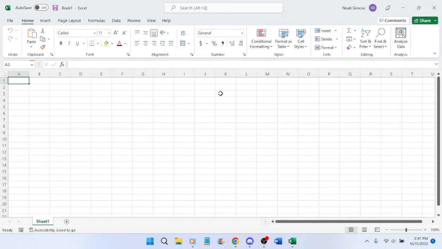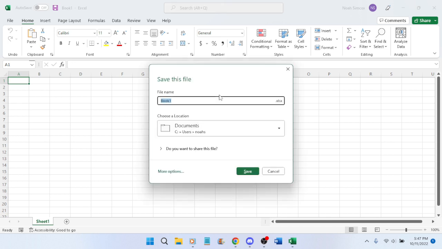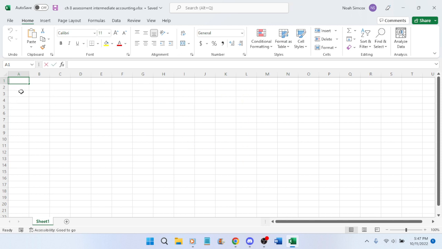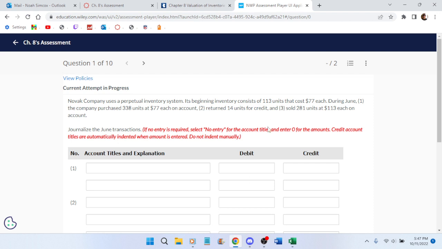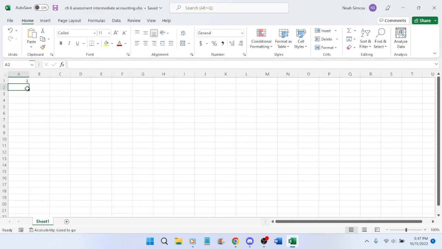Chapter 8 assessment. Yes, I'm using Excel as a calculator. So, they purchased 338 times 77. Yep, I'm using Excel as a calculator. 338 times 77.